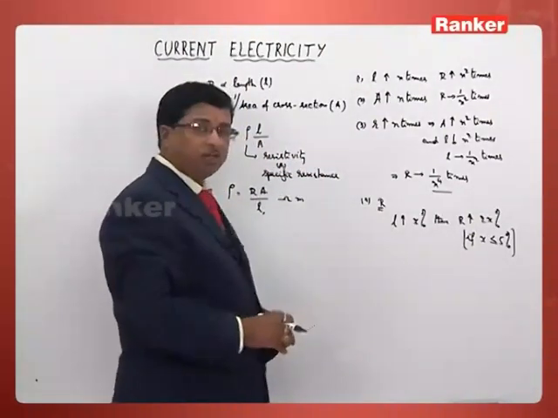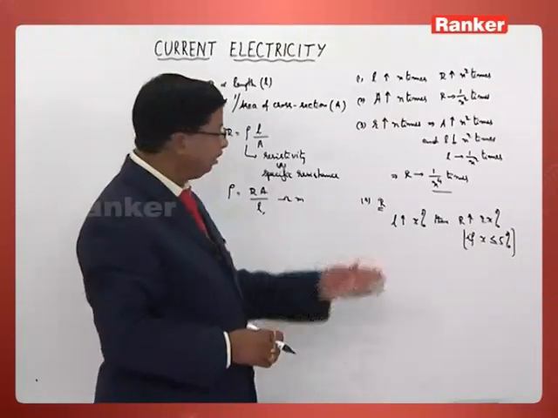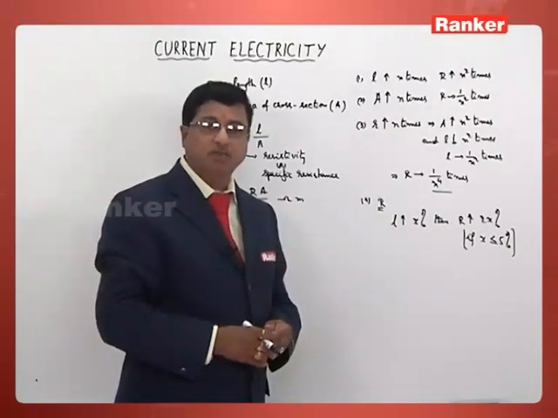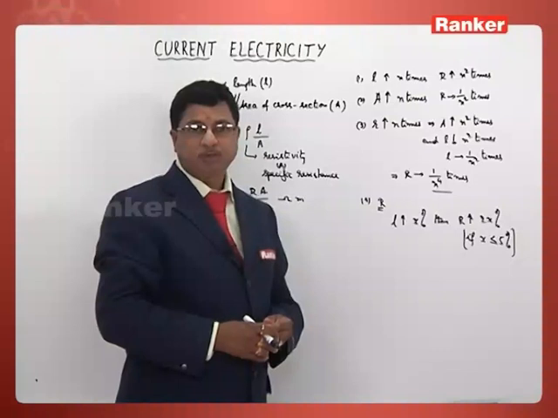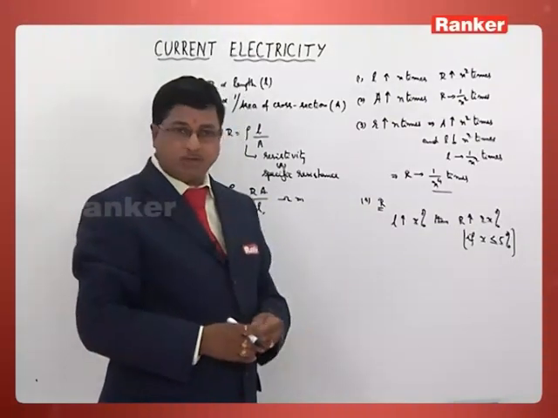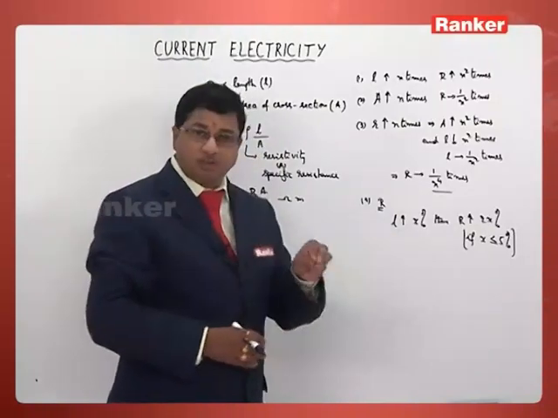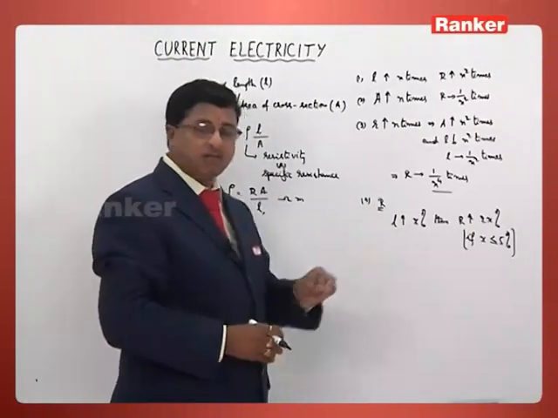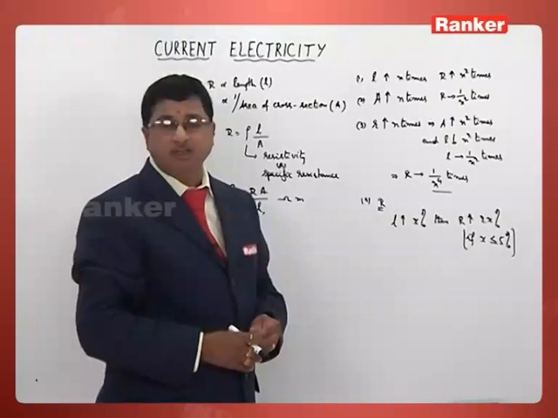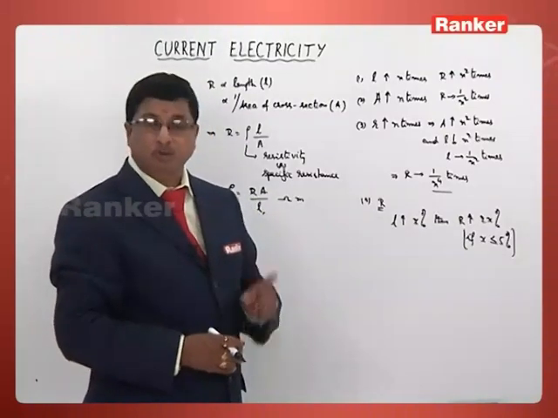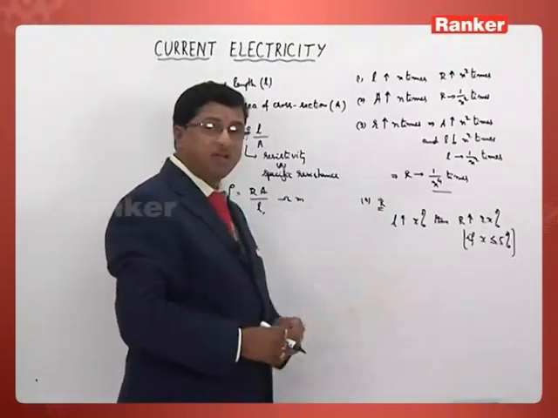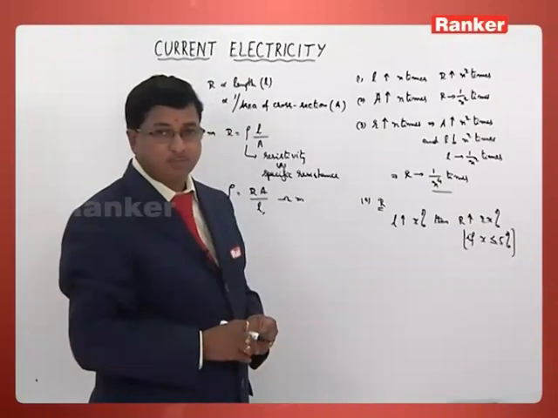If length increases by 2%, for example, resistance of that conductor increases by 4%. If length increases by 3%, that becomes 6%. If length increases by x%, the resistance increases by 2x%, provided x is less than or equal to 5%.